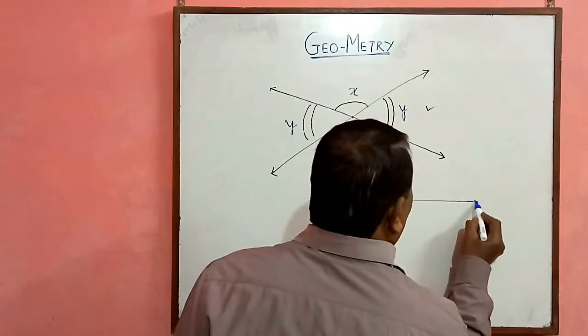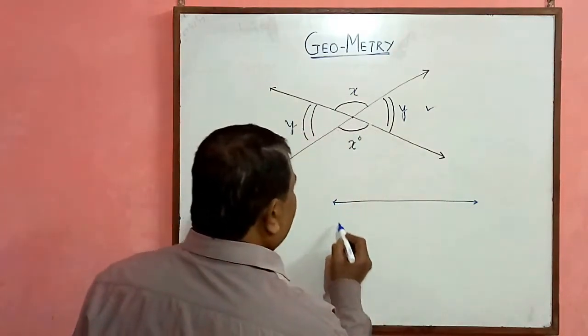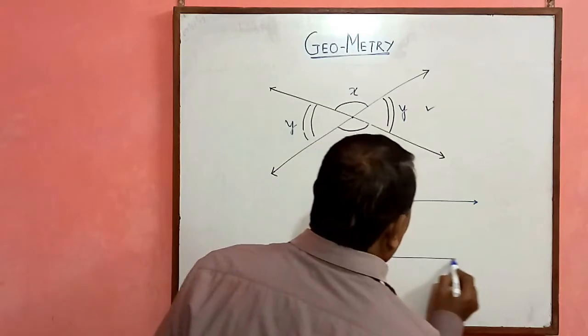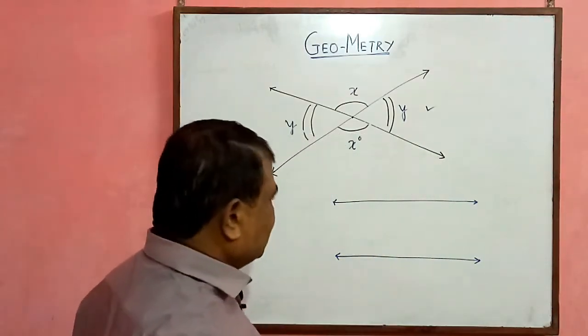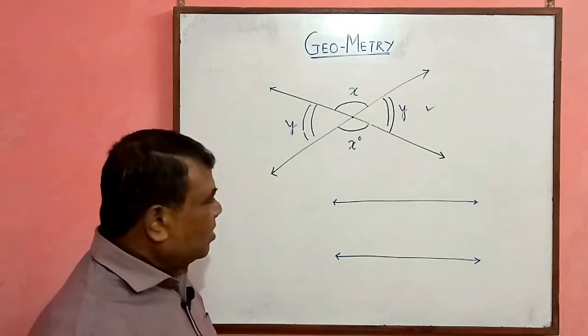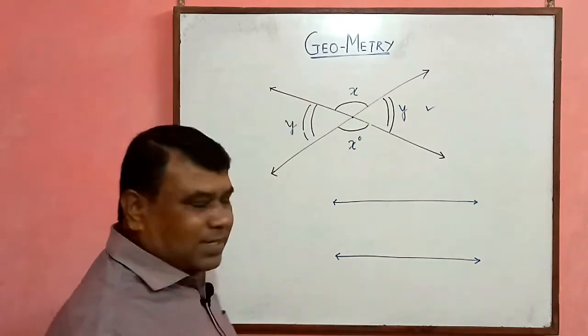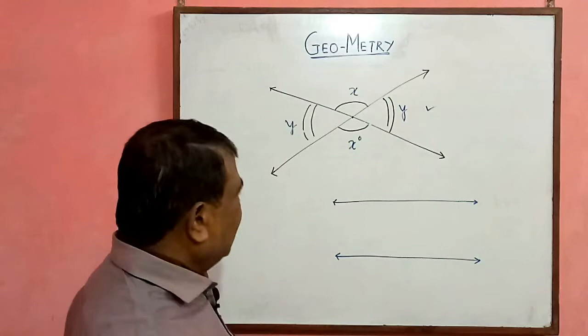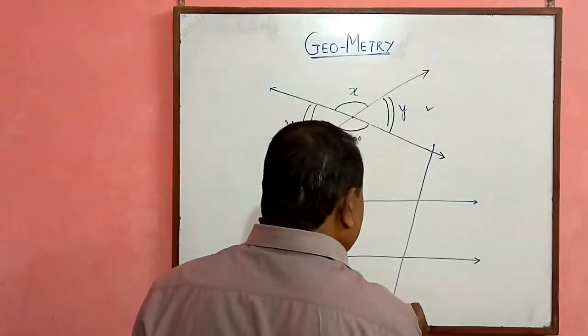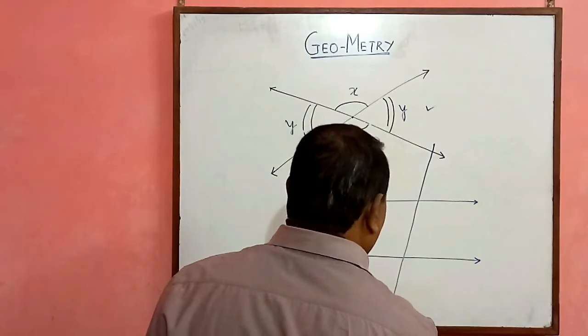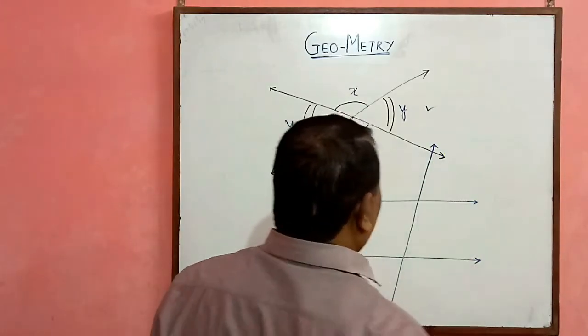Normally, two parallel lines do not have any importance by themselves, as they never intersect at a point. But when I put a line that is intersecting a pair of parallel lines, it is very important.